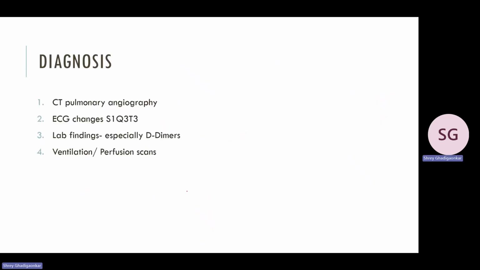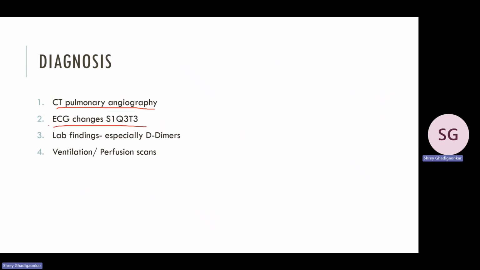Apart from that, you have the diagnosis. The examiners usually won't ask you about this, but I feel it's good to have some idea. You can have a CT pulmonary angiography, which involves computed tomography. You can have ECG changes, which is known as S1Q3T3.